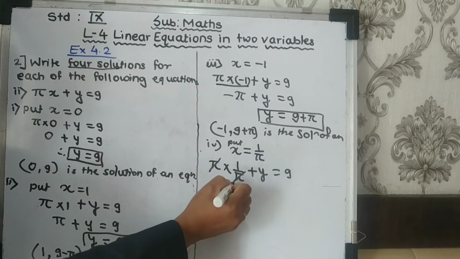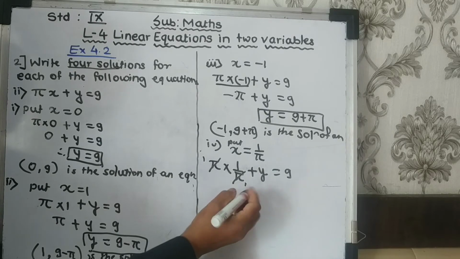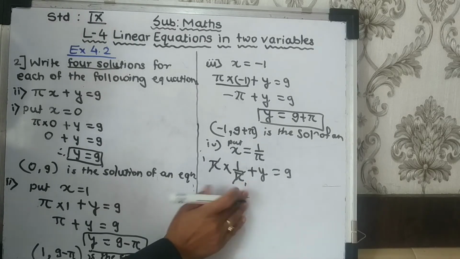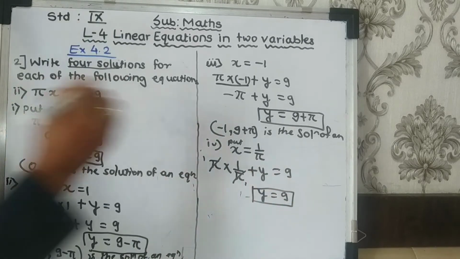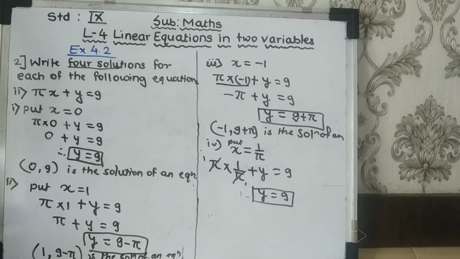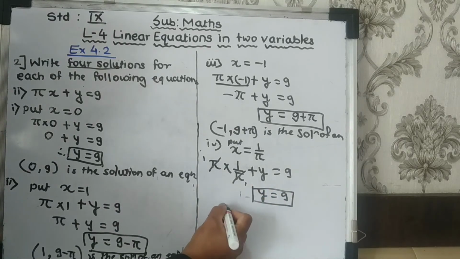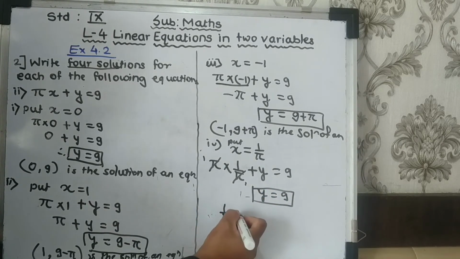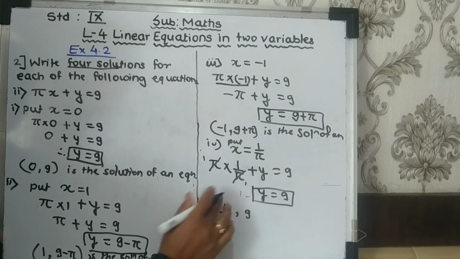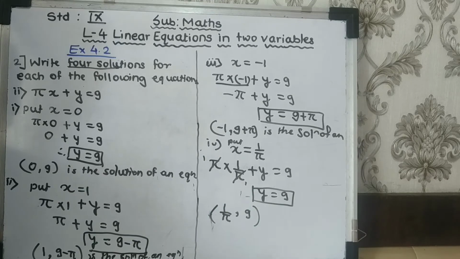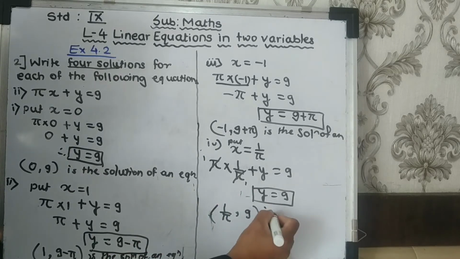So pi will get cancelled, meaning we have done division here, and plus y will remain. So y is equal to 9. Got it? When you substitute the 1 upon pi value, you get 9. So the x value is 1 upon pi and the y value is 9. So this is another solution of the equation.